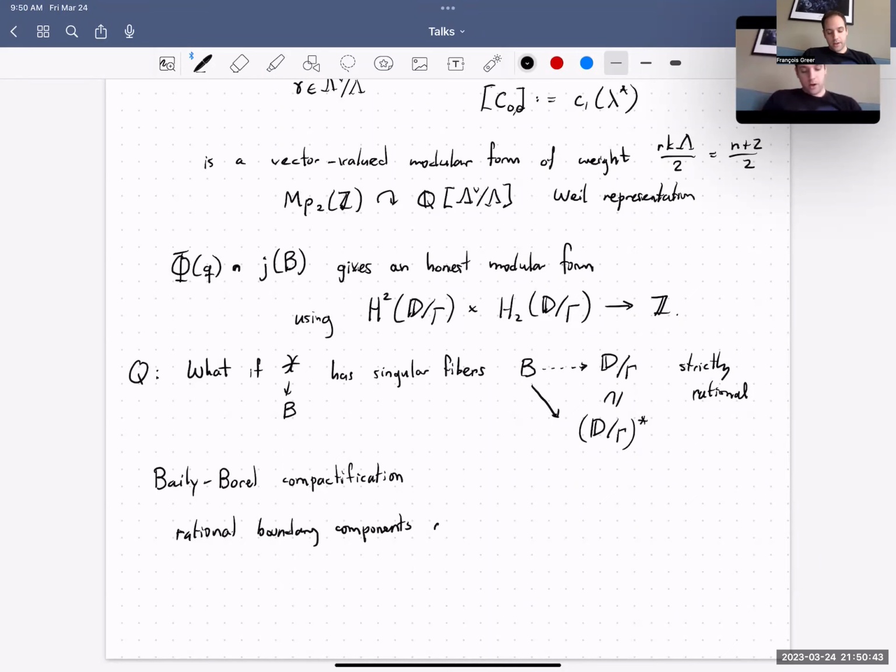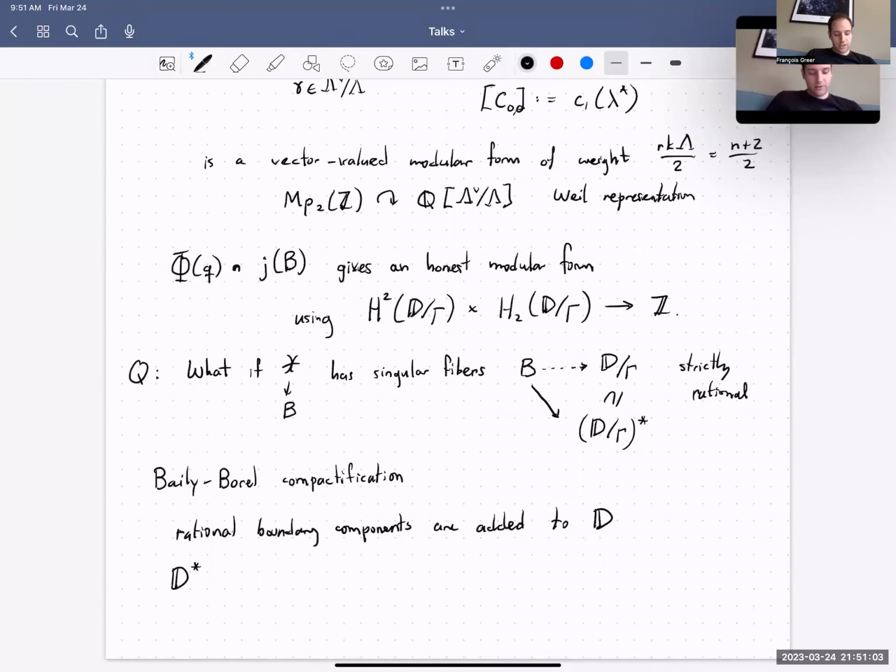Before you quotient by gamma, you add these rational boundary components to D. In this case, they're labeled by isotropic sublattices.